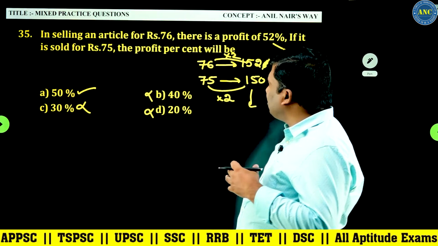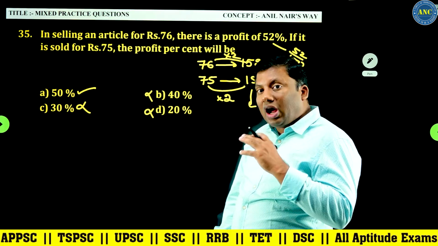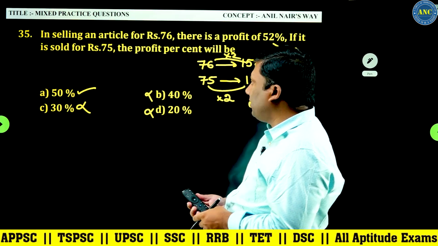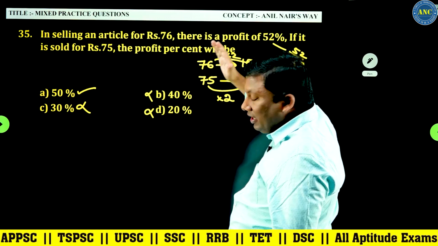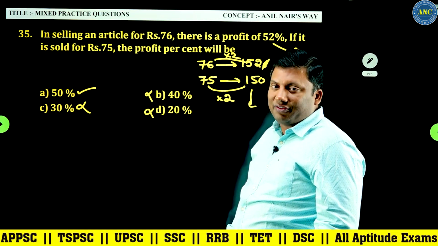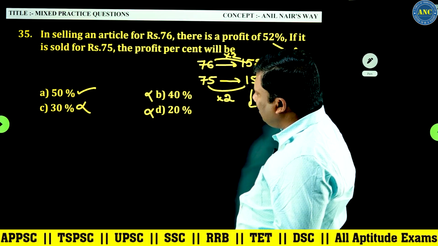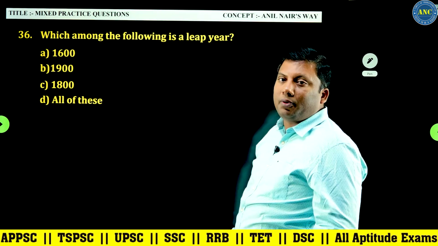Selling price 76, profit of 52 percentage. Selling price is cost price into 1 plus profit percentage. So 100 plus 52 is 152. 76 is becoming 152. 75 will become 150. On 150 increase, it is 50 percentage. Idea clear? Very important model.